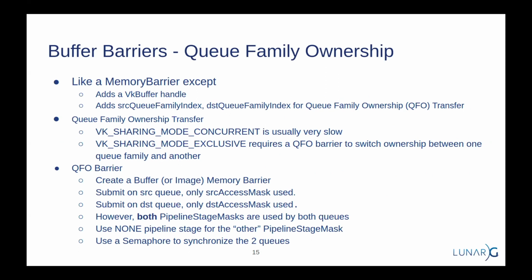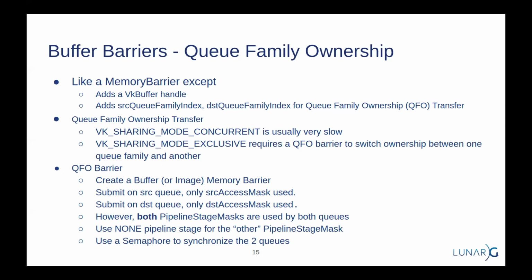So queue family ownership is an operation that can apply to both buffers and images. Buffer barriers allow you to do that for buffers. It adds the source queue family index and the destination queue family index. And those are for when you are transferring ownership of a barrier between two queues and you're using the exclusive sharing mode, which means that only one queue family can access that barrier at a time.